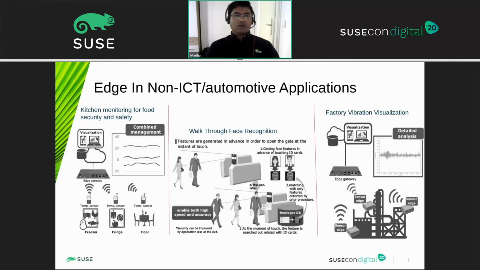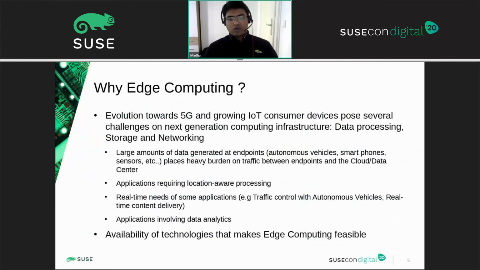Now we'll go back to the slide where we were talking about why we have edge computing. With the evolution towards 5G and IoT consumer devices in so many applications that we just saw, a large amount of data is being generated, and it's a big burden to transfer all the data all the way to the data center and do our compute.